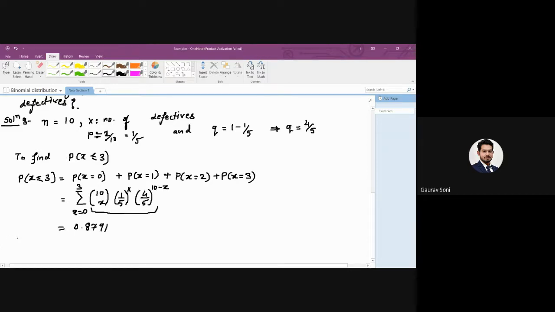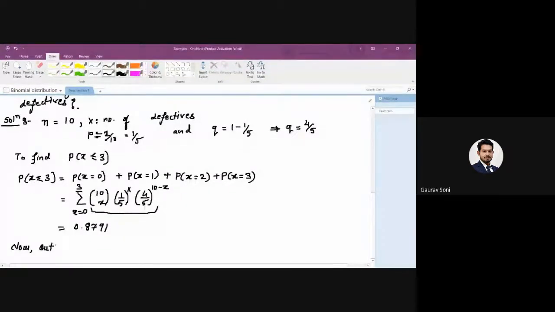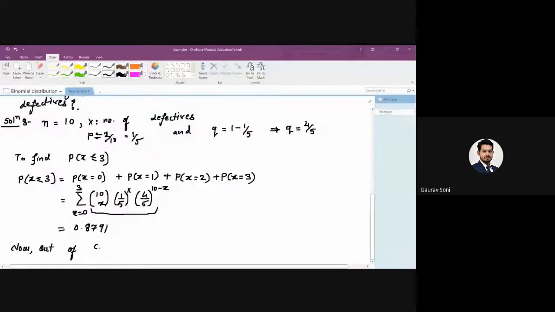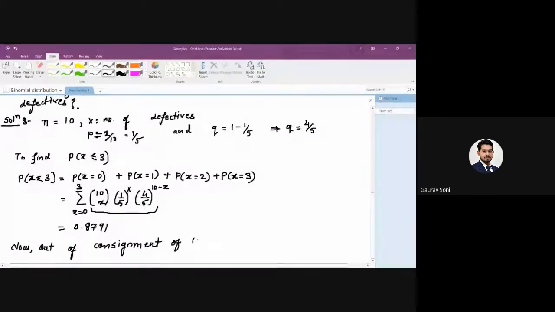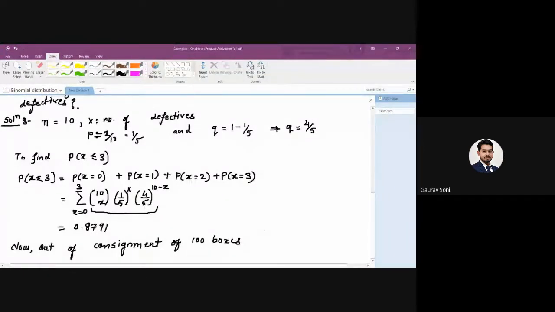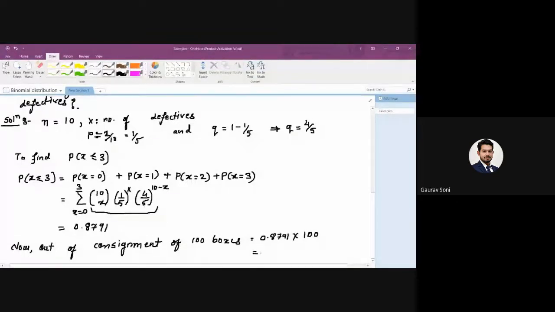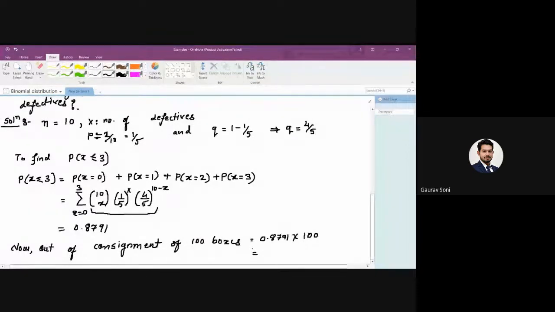So now, out of a consignment of 100 boxes, 0.8791 into 100 is nearly equal to 88 boxes.